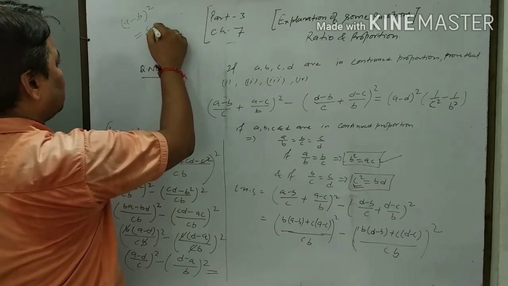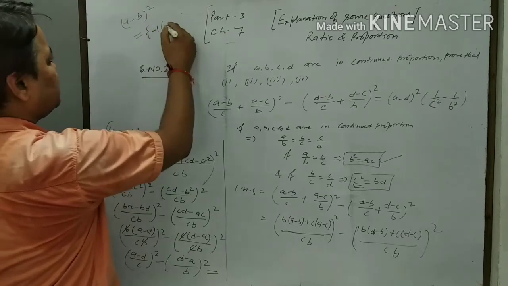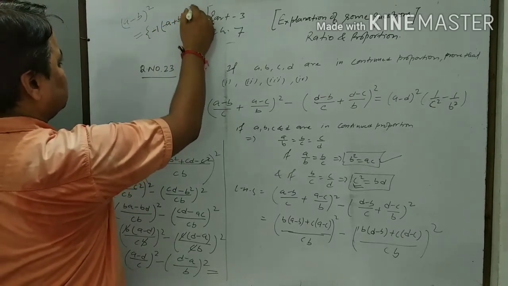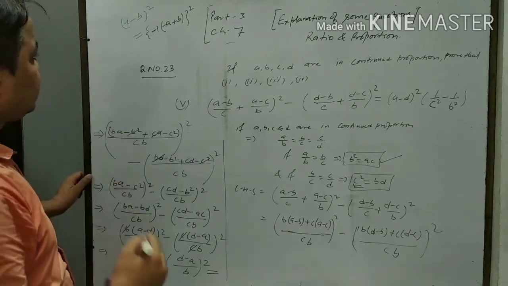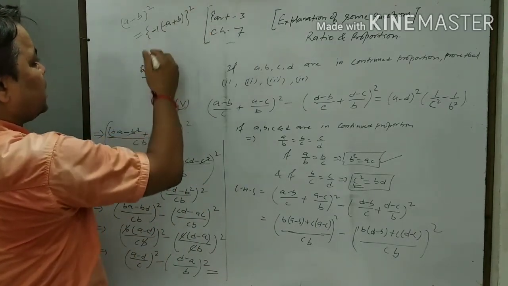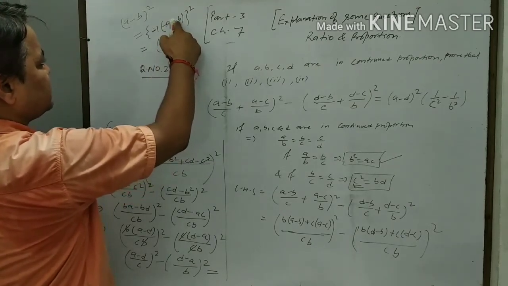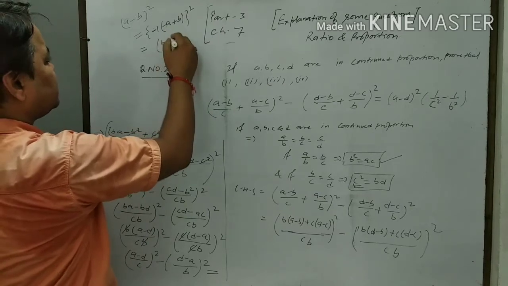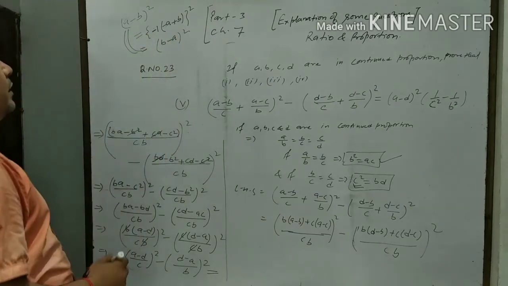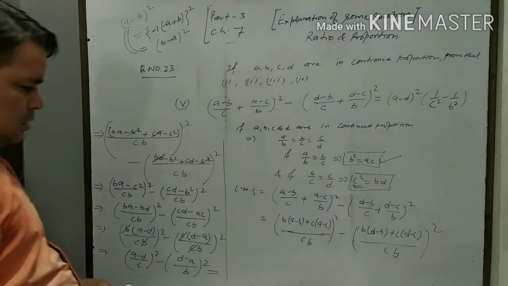Take minus 1 common. Then it will be minus A plus B whole square, and the square of minus 1 will always be 1. Therefore we can write A minus B whole square is equal to B minus A whole square.